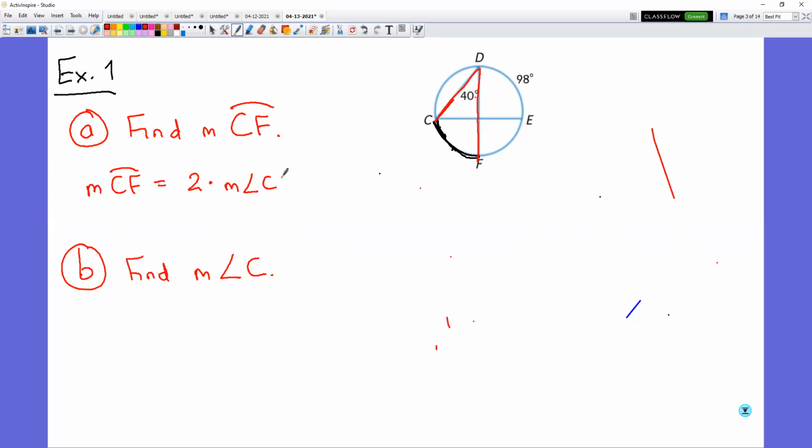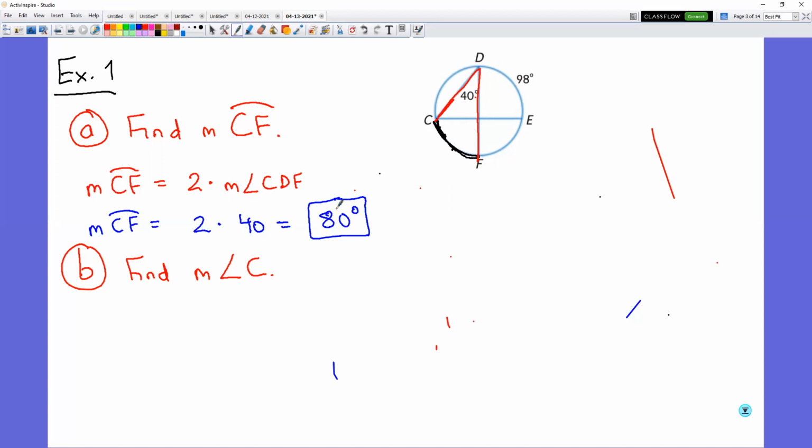So the measurement of arc CF is just 2 times 40, and 2 times 40 is 80 degrees. Therefore, the value of the arc is 80 degrees, because the inscribed angle is 40, so you double it.